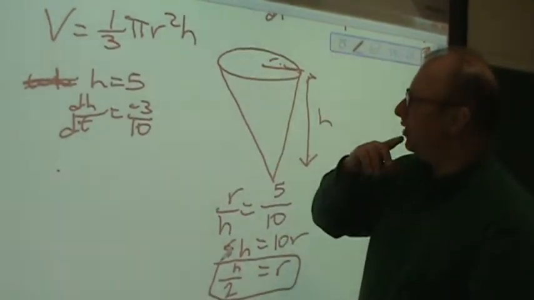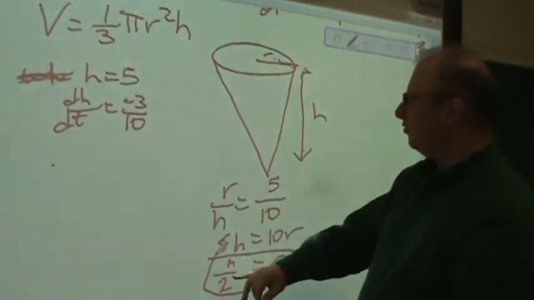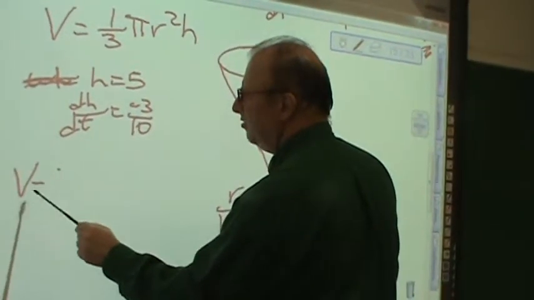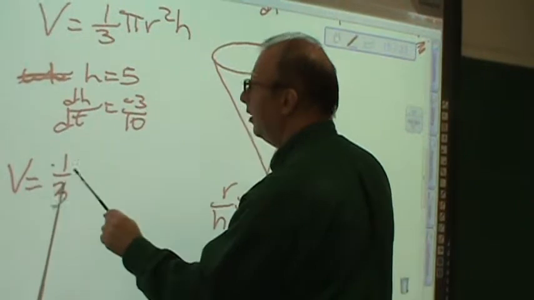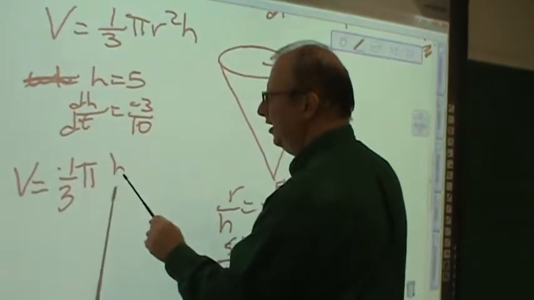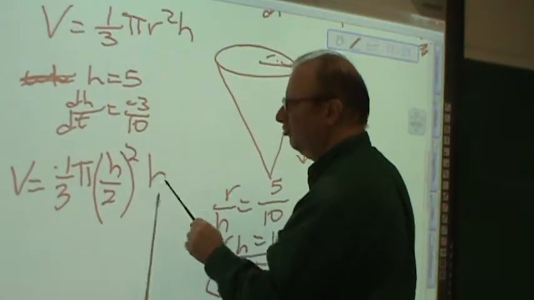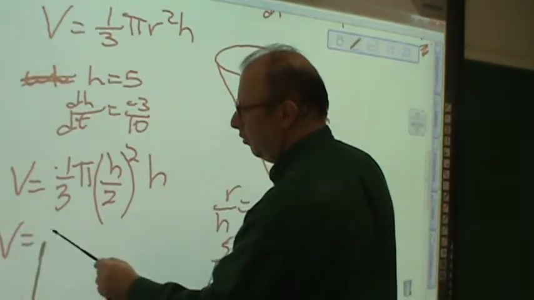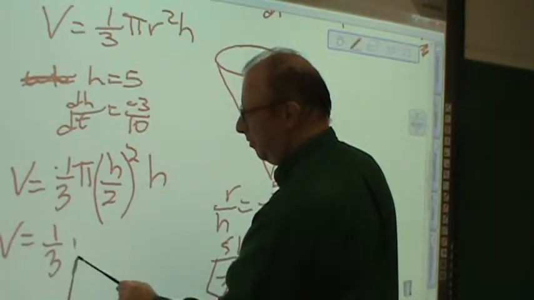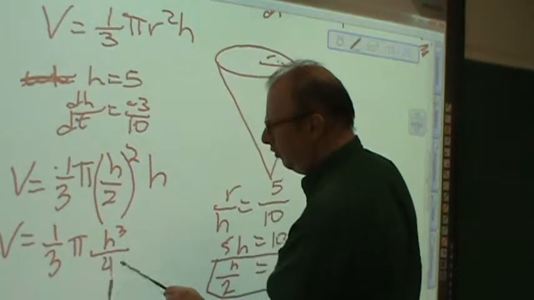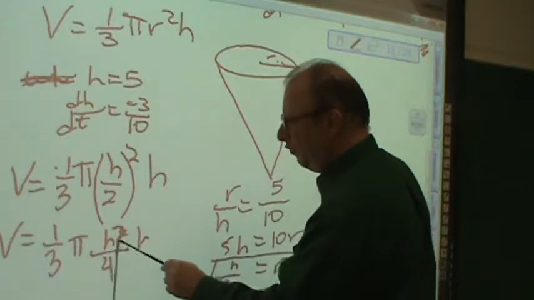1/3 pi r squared H, and R is equal to H over 2. So what I can say now is V is equal to 1/3 pi (H over 2) squared times H, which gives you 1/3 pi H cubed over 4.